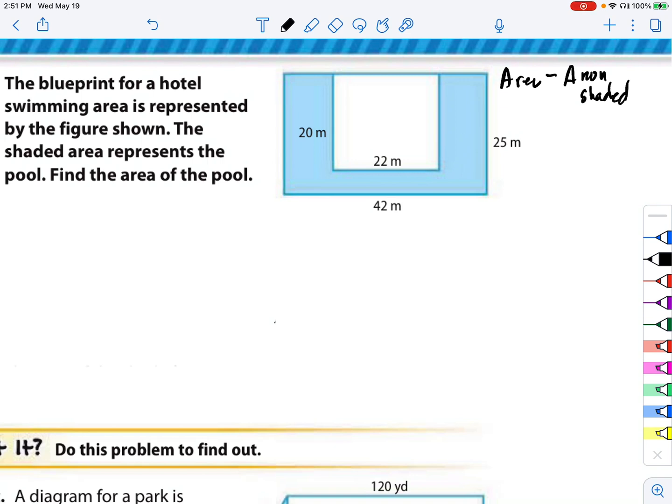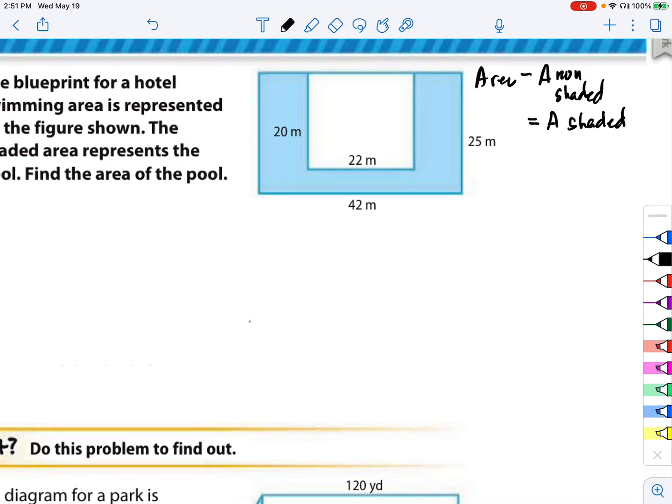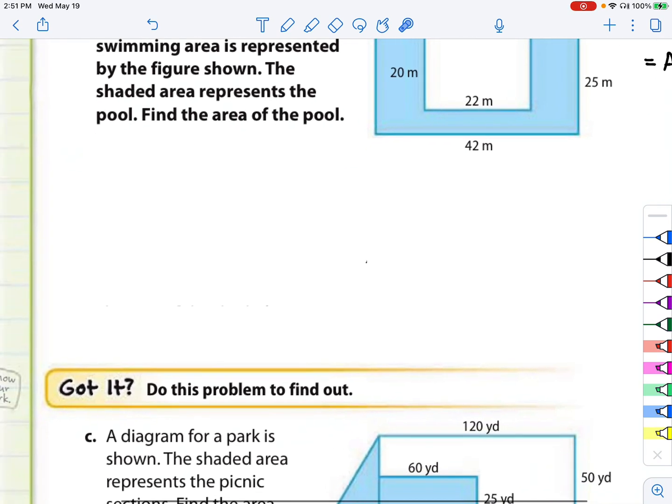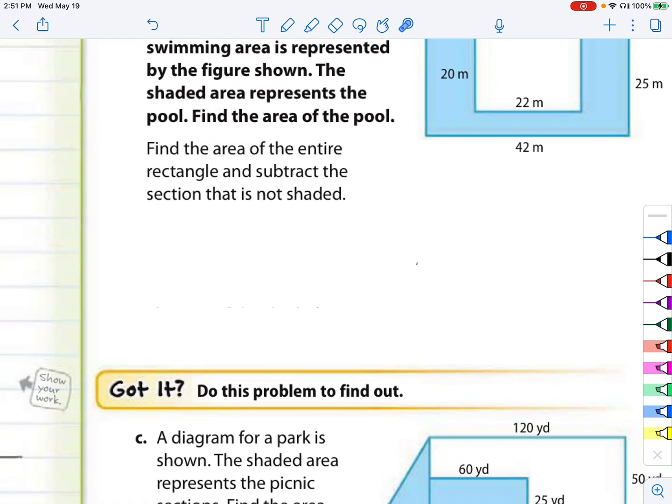That will give us the area of our shaded region. That's exactly what it's saying here: find the area of the entire rectangle and subtract the section that is not shaded.